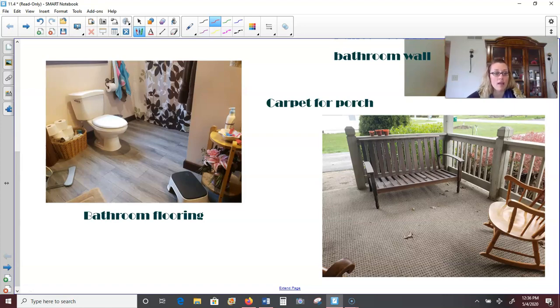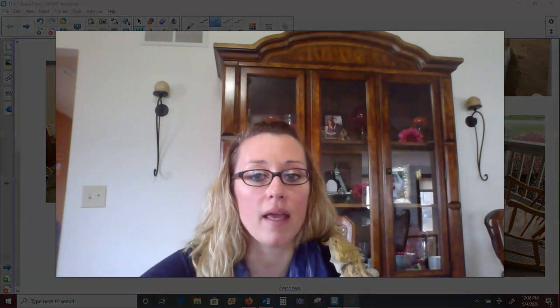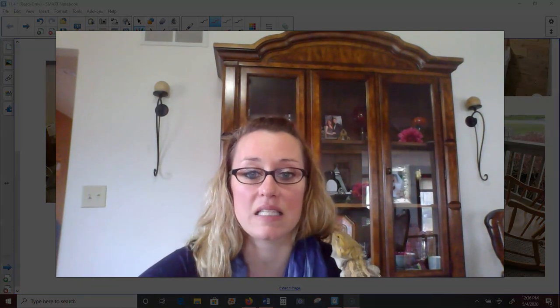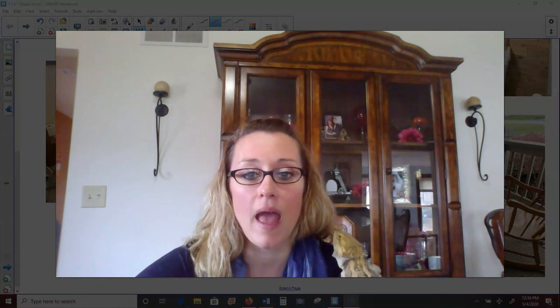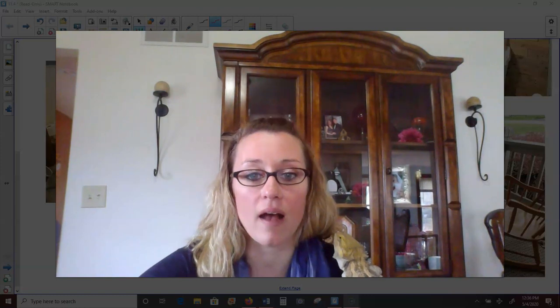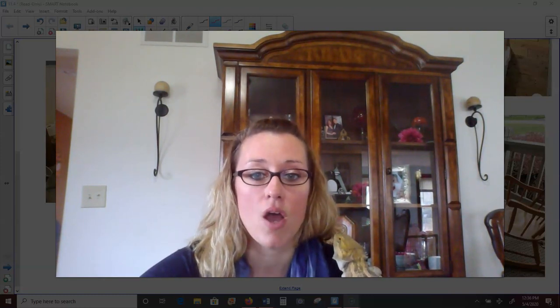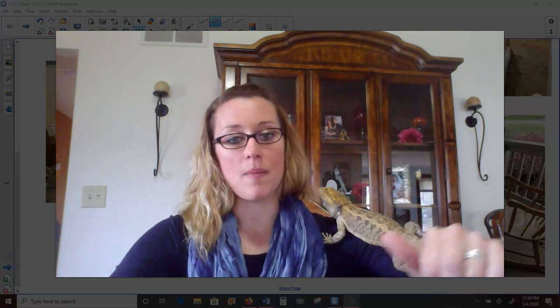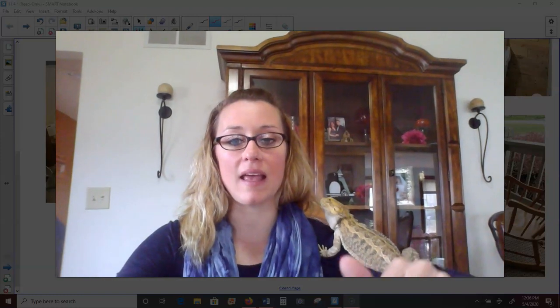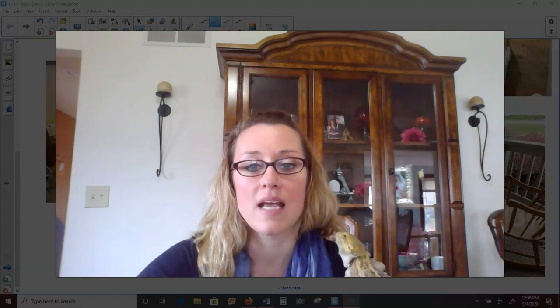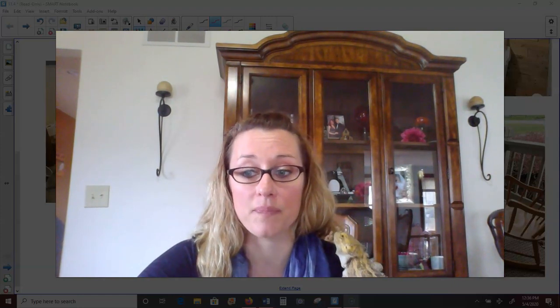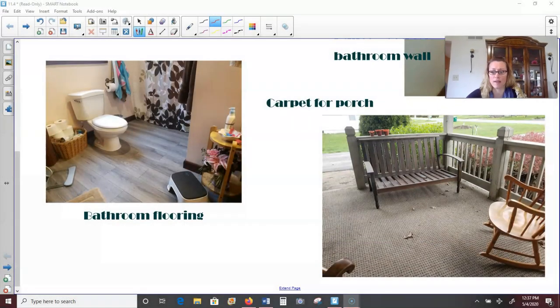So when we're talking about area, we're talking about the space inside of a shape. And when we calculate the area, sometimes it's as easy as counting the square units. So I'm going to go put this guy back in his tank and then come right back to teach you guys about area. So hold on one moment.